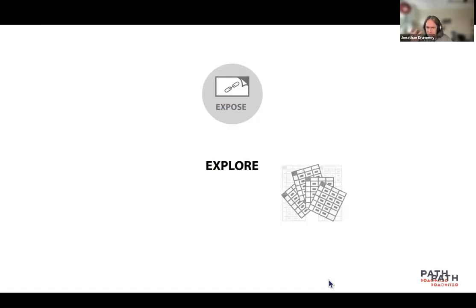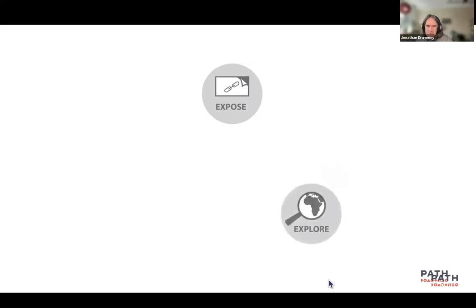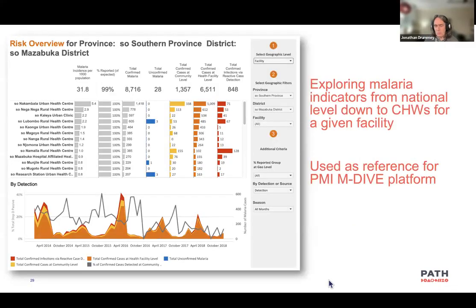And then as we have that basic handle on the data, we can start exploring the data and understanding, okay, what is the variation in this data? What does it have to tell us? And this is where we'll get that kind of typical exploratory dashboard that has a bunch of filters down the right for choosing what level we want or what indicators we want, time periods, and so on for that data.